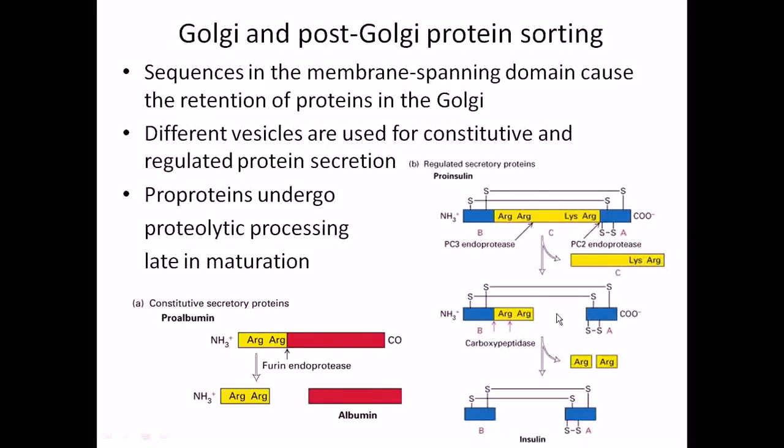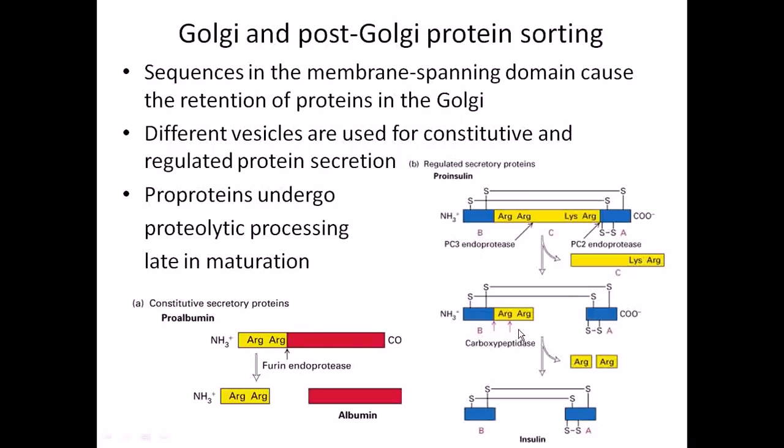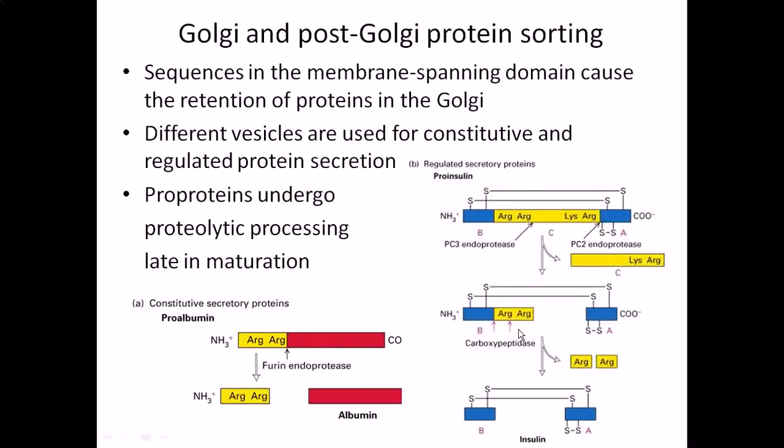After that, the second round of cleavage takes place, assisted by carboxypeptidase. Previously endopeptidase, now carboxypeptidase works. Carboxypeptidase cleaves the two arginine residues from here, and as a result the rest of the parts are arranged with each other.